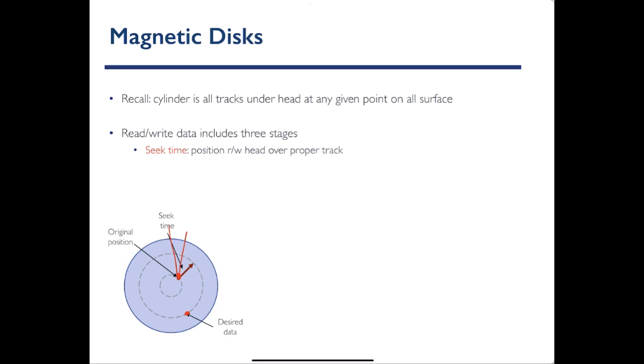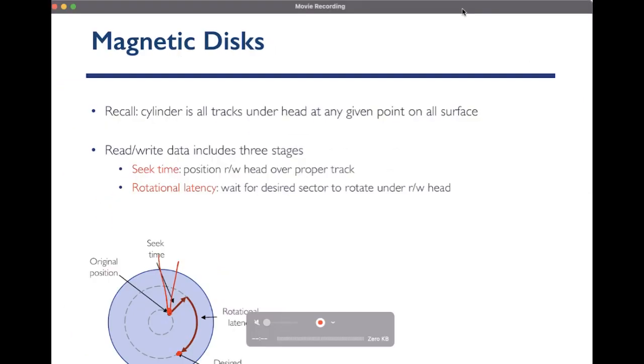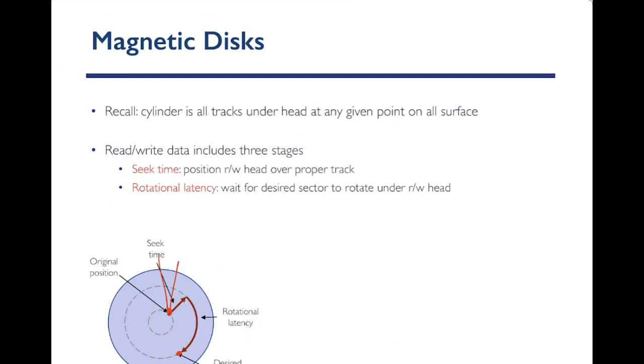This is the time it takes for the arm to move towards the outer track. And then you have to wait for the disk to rotate so that the sector you're interested in comes under the head. And once the head is on top of the sector, then you can start transferring your data.